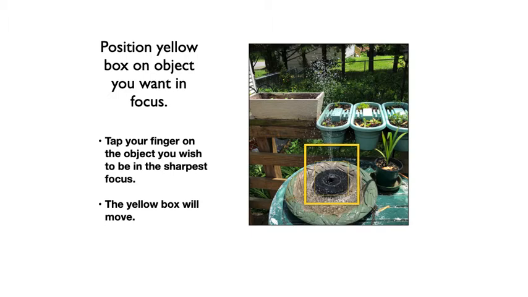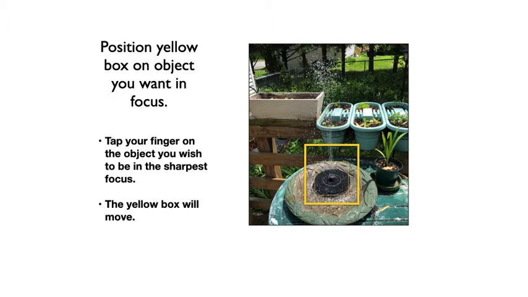Now, for example, in this image, I have the yellow box, and you see I've doubled it. I've put a brighter yellow box around what would appear when I open my camera app. And I have it focused right on this little water fountain that is spurting water up into the sky. Well, probably not the sky, up into the air.